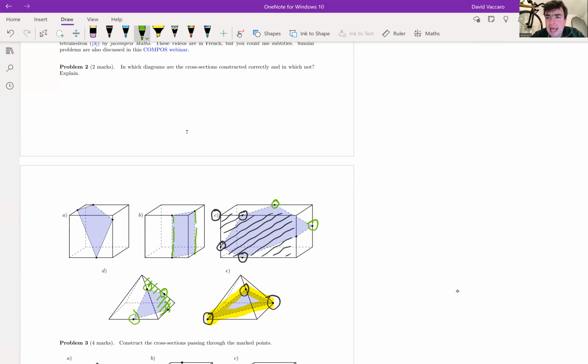I must confess that A is the one that I needed the most thought about, but then the penny dropped that this line here through these 2 points lies in this top face. Okay.